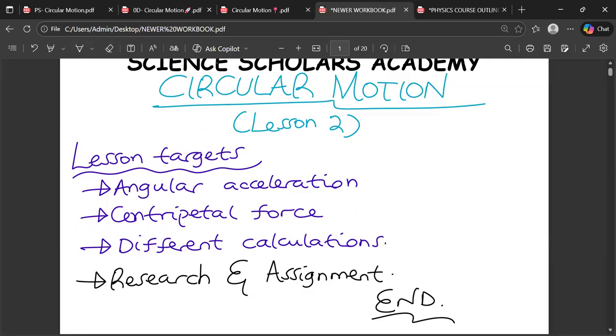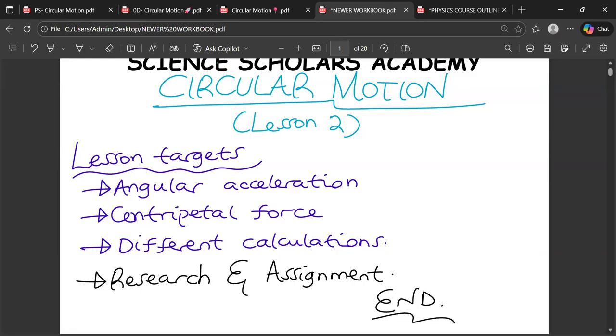Now, to begin with, you all know that when we are talking of velocity, I remember teaching you in linear motion, the first lesson, that acceleration is the rate of change of velocity. And as we talked about velocity in lesson 1 of circular motion, we talked of the linear speed, which is uniform or constant throughout the circular motion.